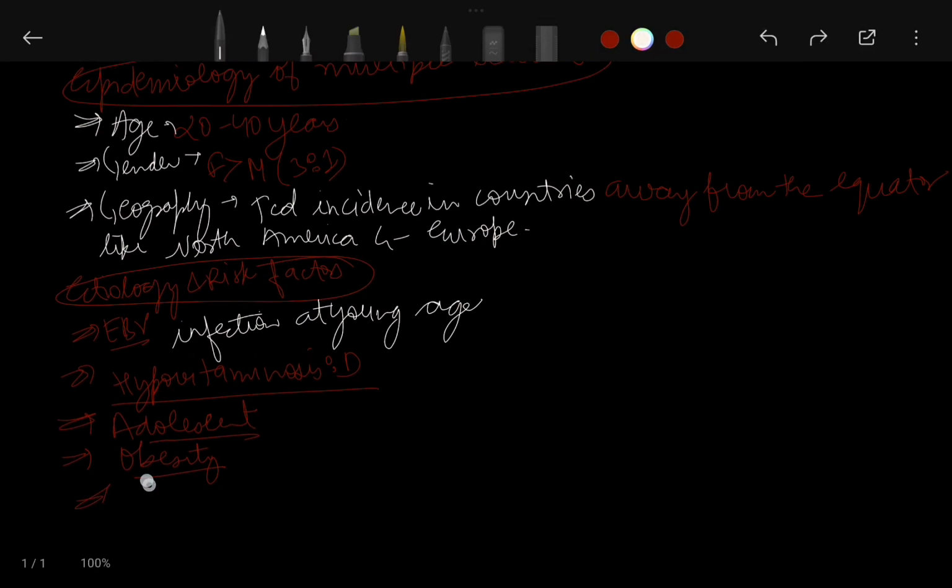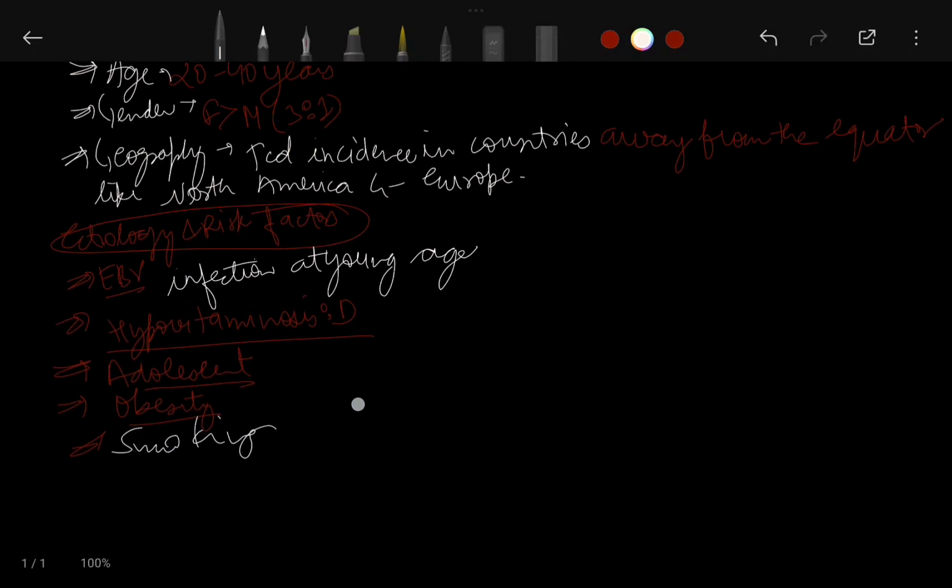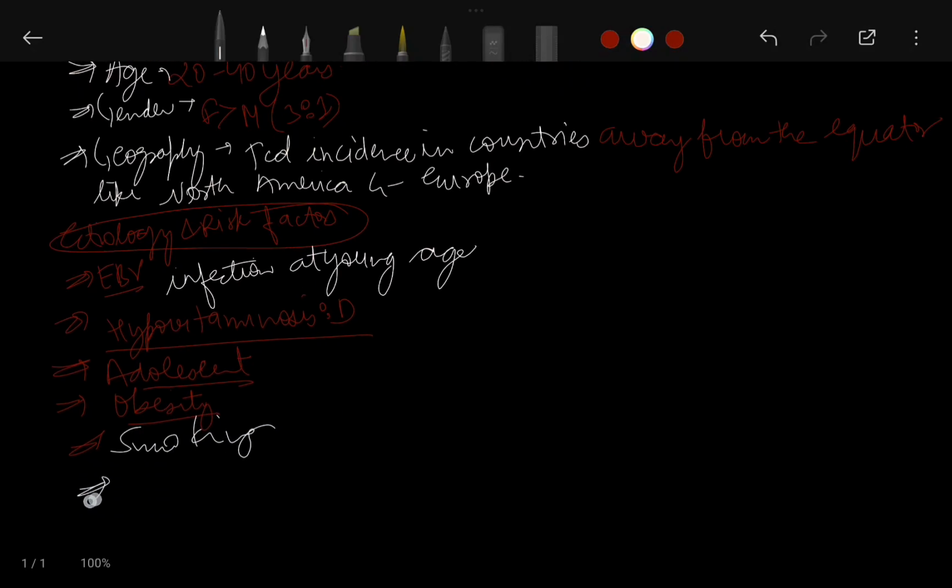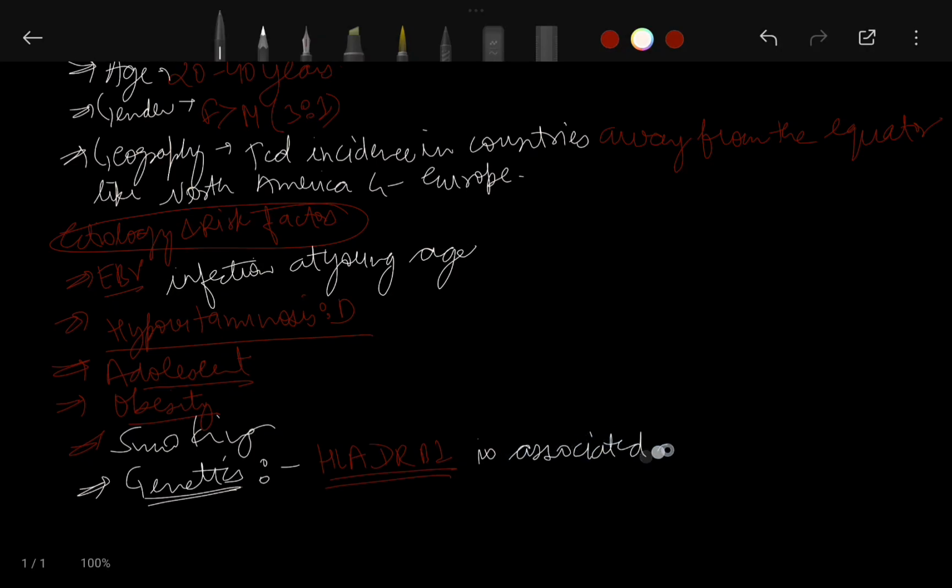Other not so common causes can also be smoking and genetics, such as HLA-DRB1, which are associated with increased risk of multiple sclerosis.